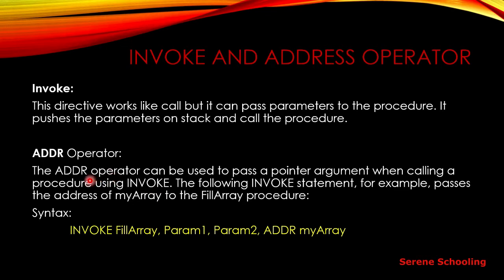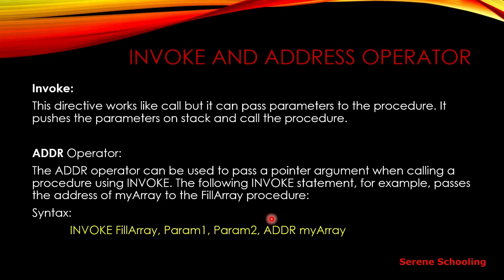The basic thing is that the ADDR operator can be used to pass a pointer argument. Why pointer argument? Because when we want to get the address of any variable or element, we can store that address only in pointers, right?